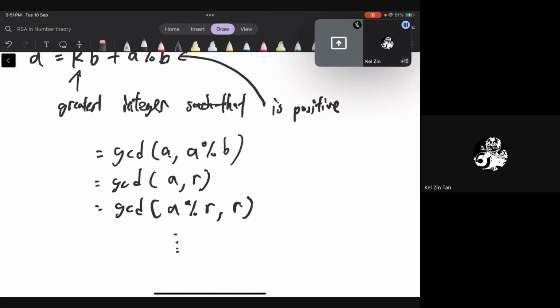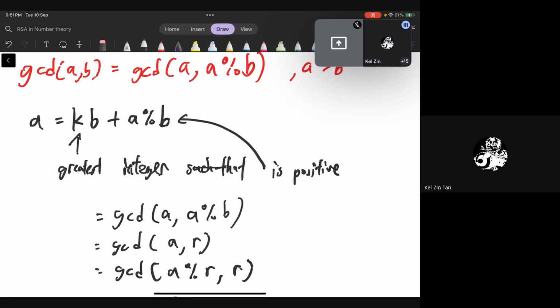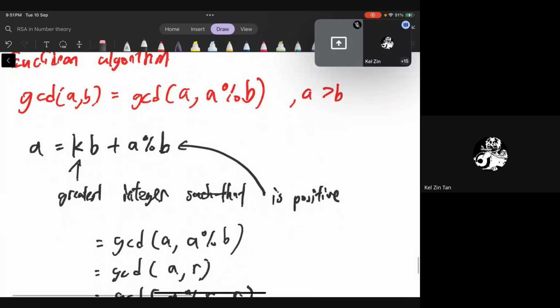By doing that, we can find the GCD very easily. And the reason that modulo works is because A modulo B is just A minus KB. You are just adding a multiple of a number to itself. So by what we are supposed to prove just now, this will maintain the same GCD.